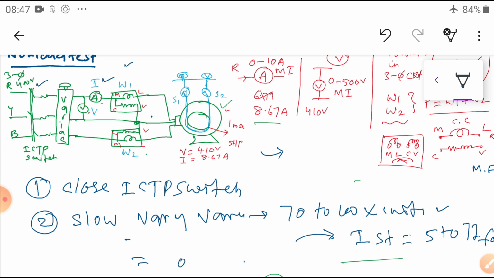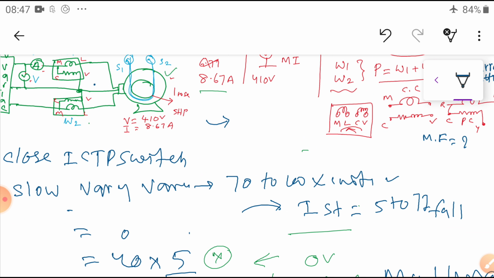Initially there is no back EMF in the rotor. Once the rotor starts rotating, back EMF develops and opposes the applied voltage, then automatically the current comes to the normal position. Once the rotor is near its rated RPM, the current comes back to the normal, low value.